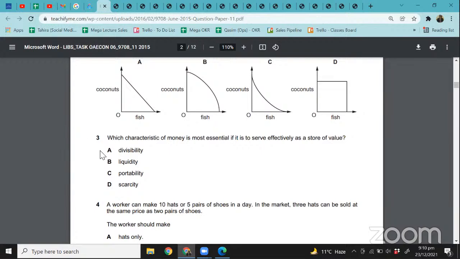Liquidity, on the other hand, what does the term liquidity mean? Can anyone of you tell me? Liquidity means that something can be easily converted into cash. Cash is the most liquid asset out there. How easily or conveniently can something be converted into cash?